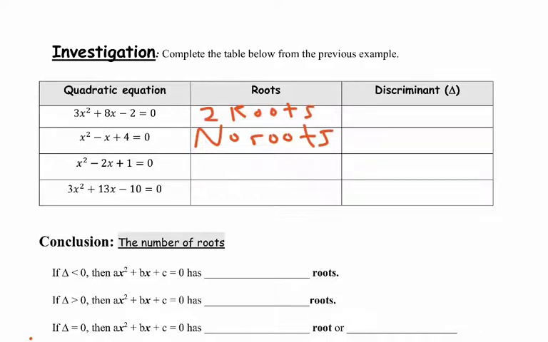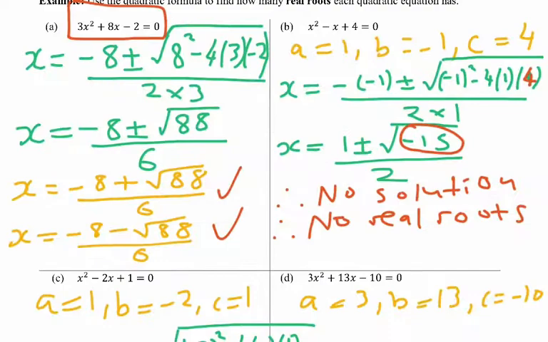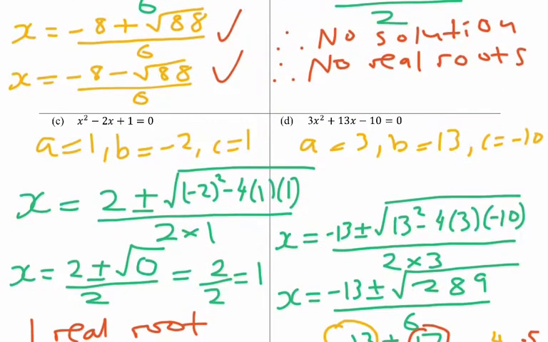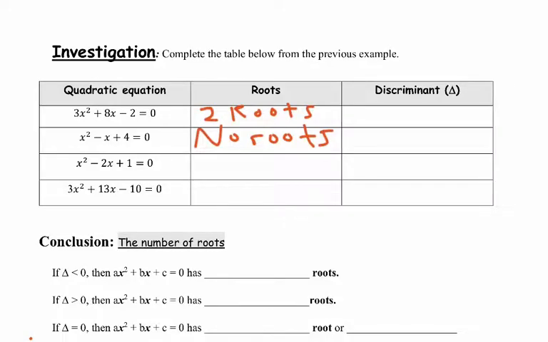Now, that's 1 root. So we're going to write down 1 root. Then the last one we had 2 roots, didn't we? 2 roots.